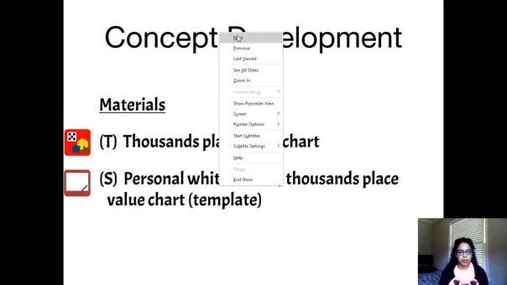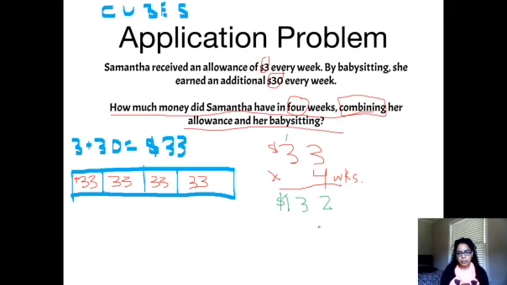Oh, if we go back, because for cubes, you got to solve and check. So, if you were going to solve and check here, what you could do is you could solve it the other way too, by doing 3 4 times and 30 4 times and then combining it. Or let's see, I think that's just the best way.